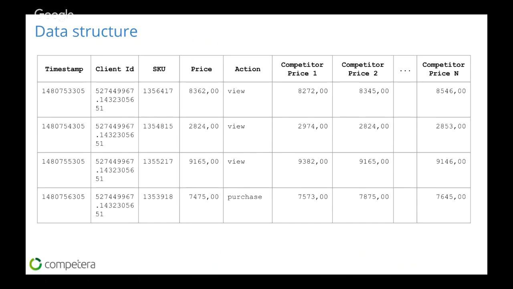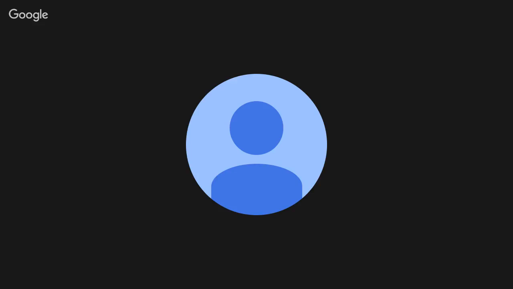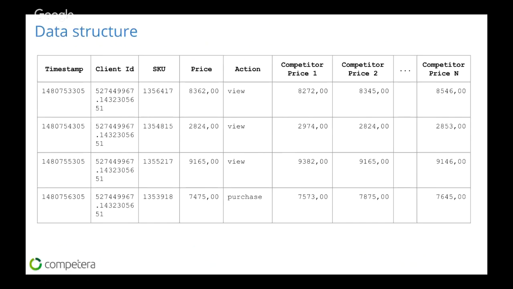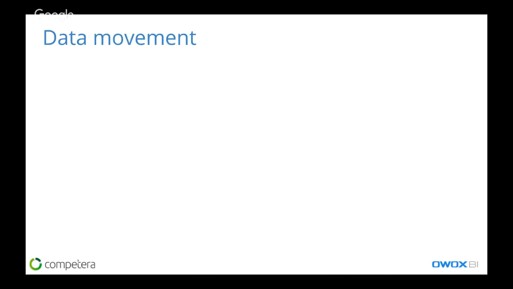Then there is the SKU, the unique identifier of our product, the price on our website, the action that was done with this particular product, either view or purchase, and each column represents a separate competitor price which we were able to collect for this product set.